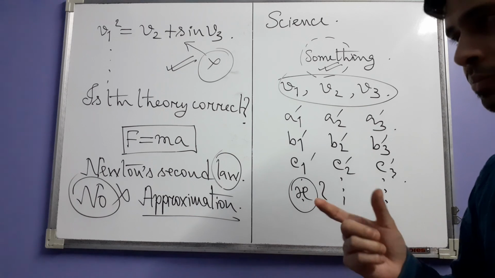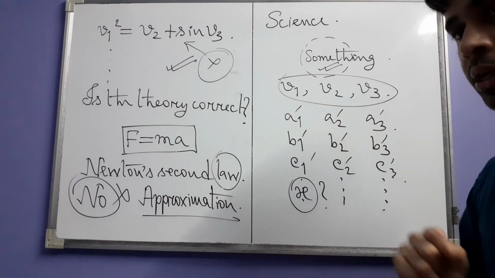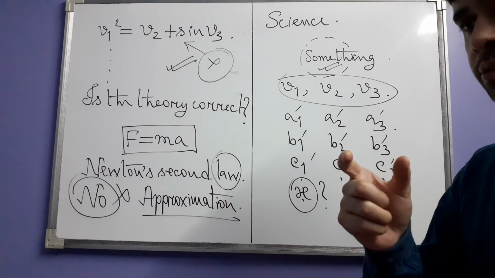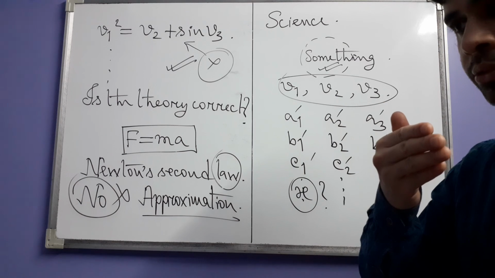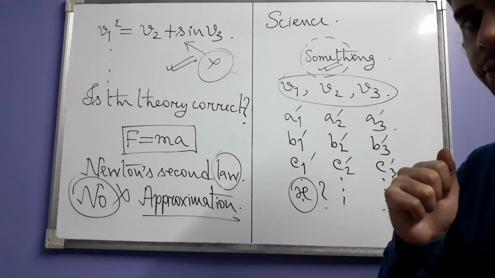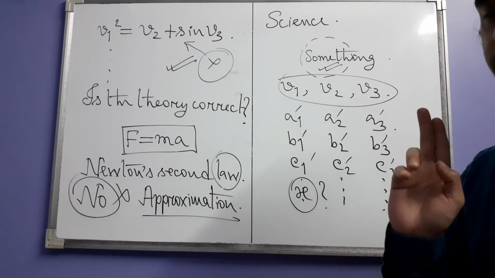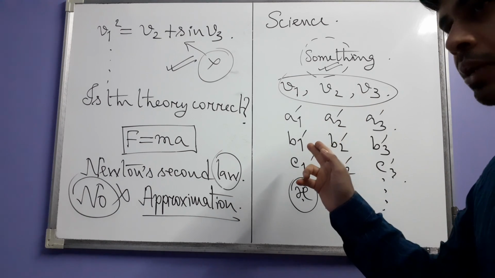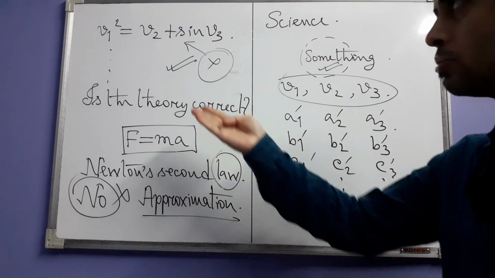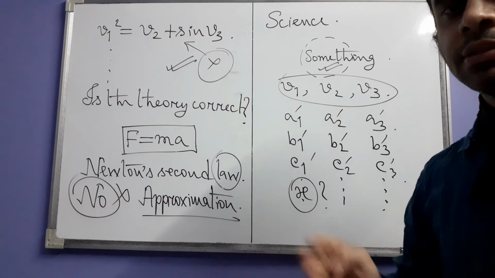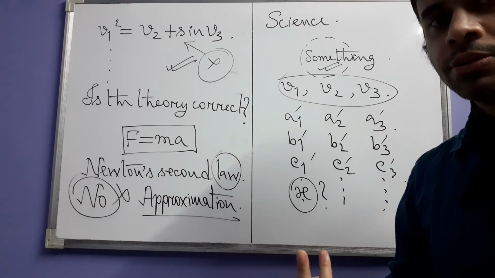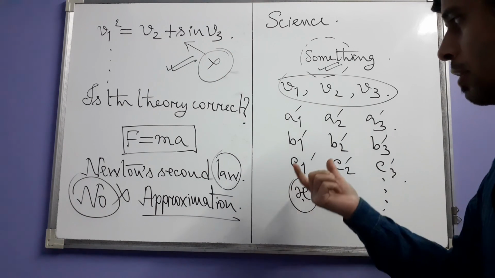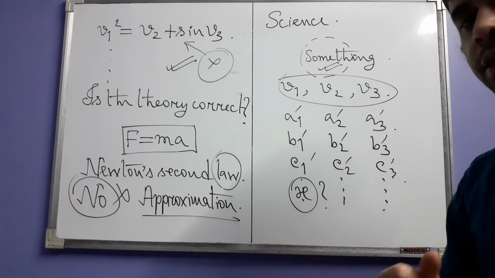That means your device has its own limits. So it's giving you some values. What do you do with those values? Those values are not exact values. Now if you use those values in your calculation to set up relations like this, obviously they will also be approximate. Now how to reduce error?